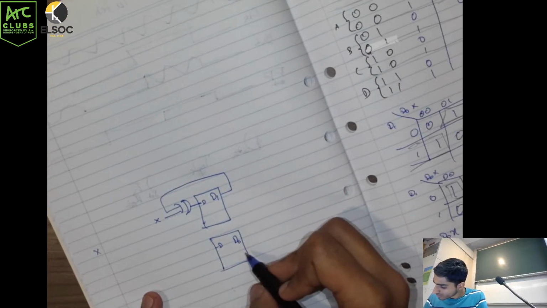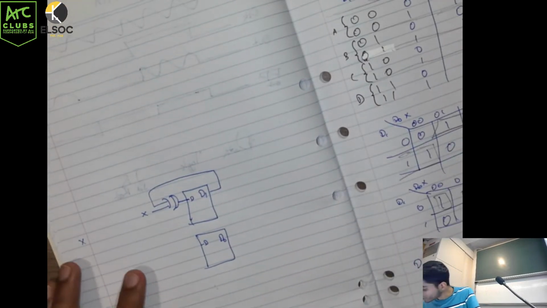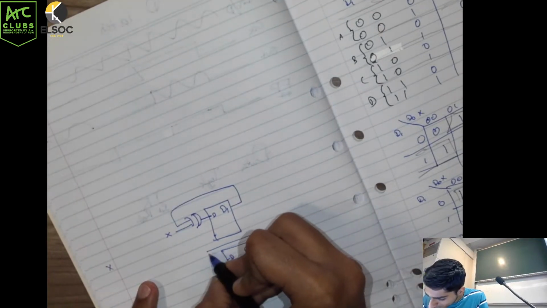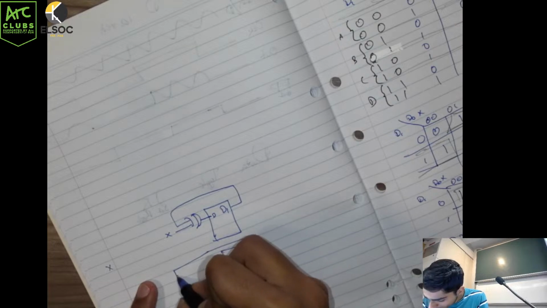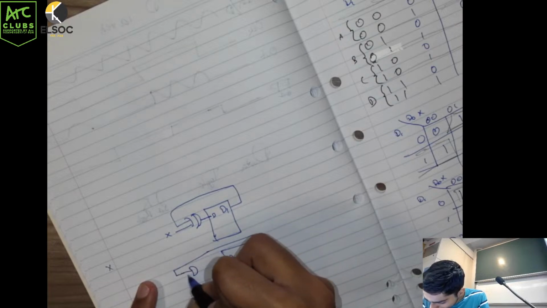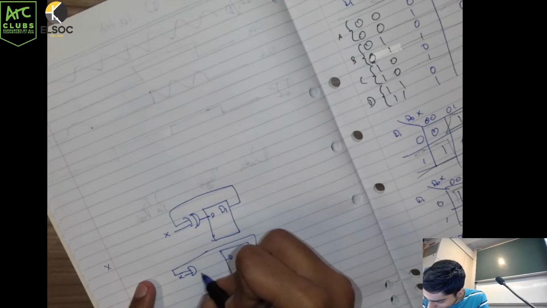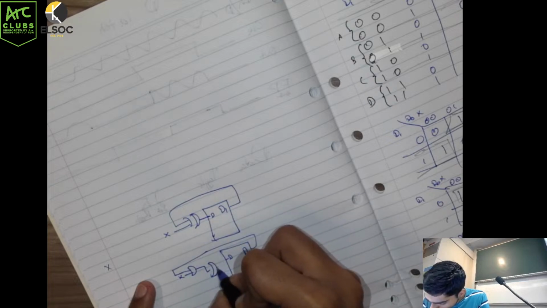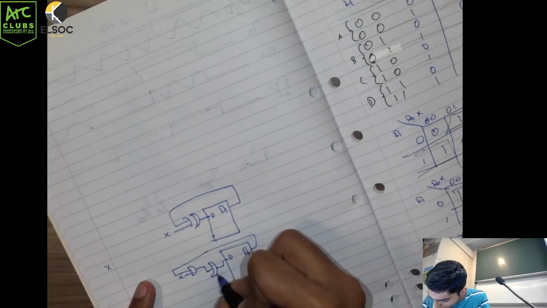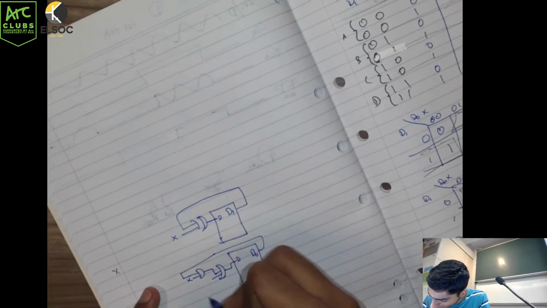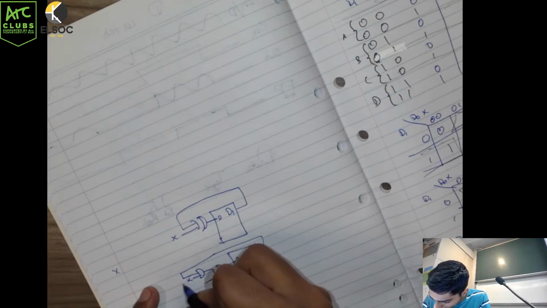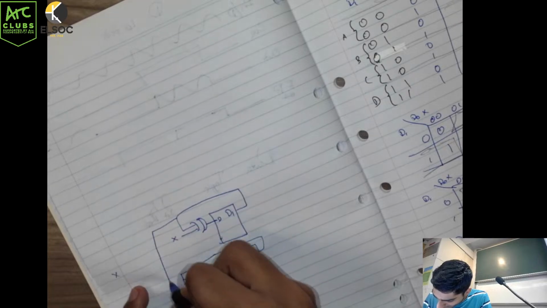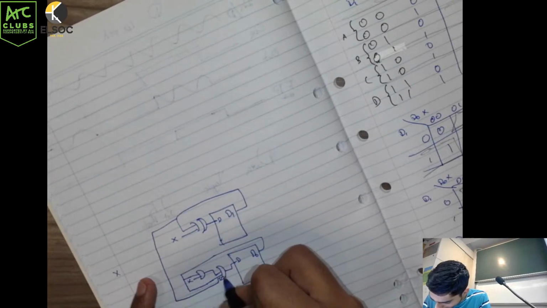D0 was a massively convoluted function, which I guess I have to draw. Bring that back here. We're going to AND X and D0. We're going to OR that with D1 and D0.